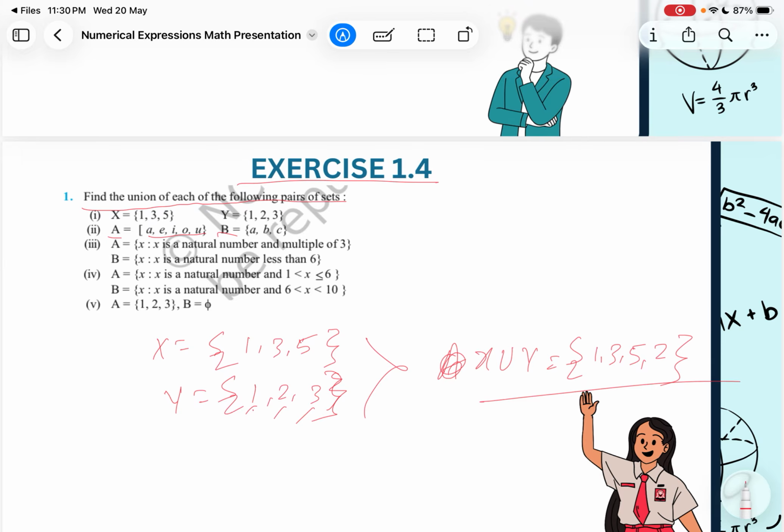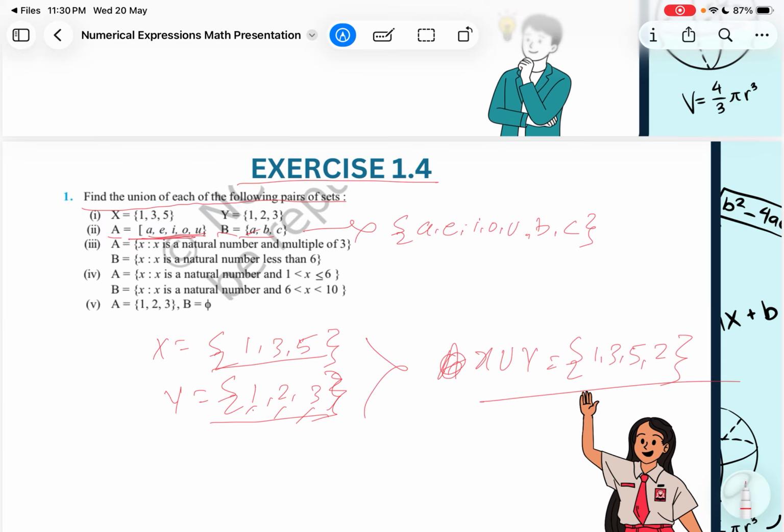Now A and B: {A, E, I, O, U} and {A, B, C}. So the answer will be A, E, I, O, U, then A is already there, B and C. So in a union, if you are given two sets, just see which set has more elements.